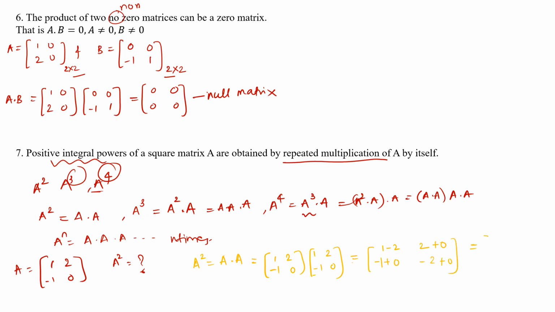And this product A square gives us a new matrix: 1 minus 2 minus 1, 2 minus 1 minus 2. This will be the newly formed matrix.